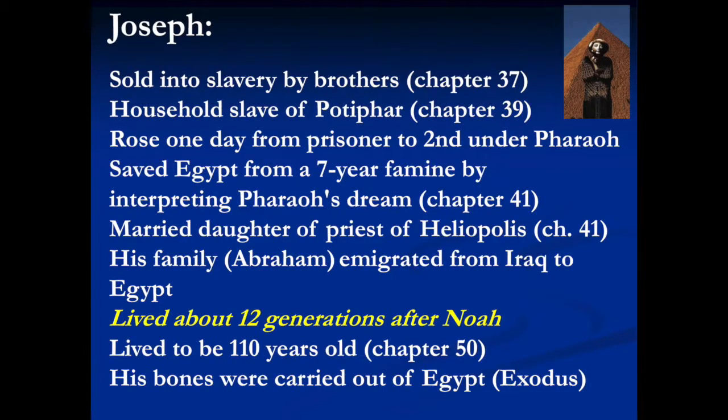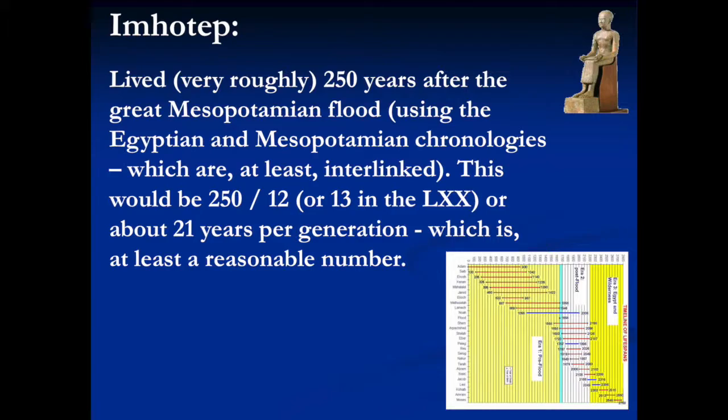Next slide, please. He lived about 12 generations after Noah. If you count generations in the genealogies, it's 12 in the Masoretic text, 13 in the Septuagint. About 12. Next slide. There's the generations, we could count them. He lived about 250 years after the Mesopotamian deluge, which was, of course, mythical and a freshwater flood. You can find both of those, sometimes both in the same book of the secular historians.